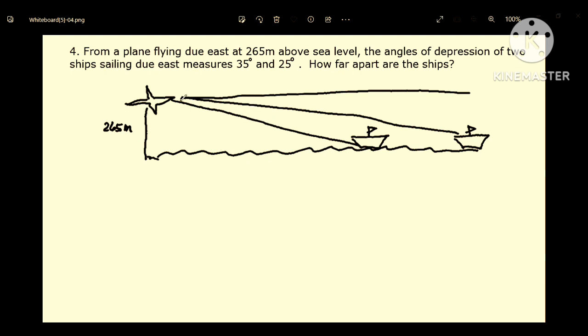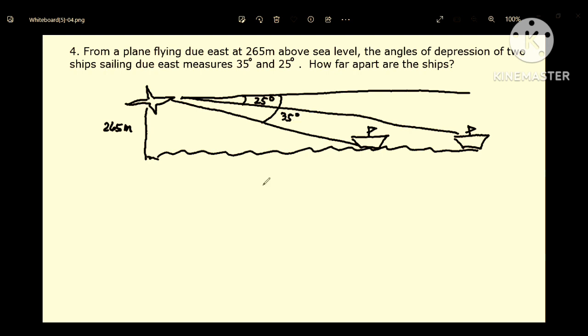That is the angle of depression of the second ship, yung mas malayo from the plane, no? So this is 25 degrees. And 35 degrees is the angle of depression of the first ship from the plane, no? Yung mas malapit. So 35 degrees is from this point up to this point, di ba?